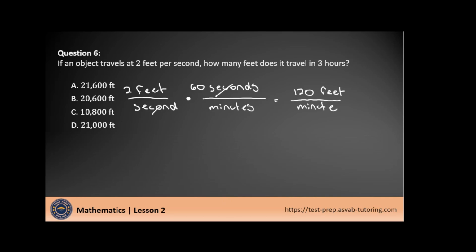I'll do that again, except we're going to turn minutes into hours. So we're starting with 120 feet per minute. We want to cancel out minutes. That's going to go in the numerator. Hours will go in the denominator, and we know there are 60 minutes an hour.